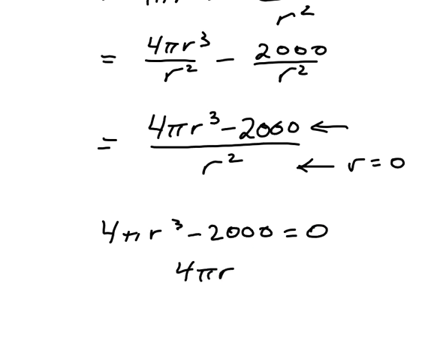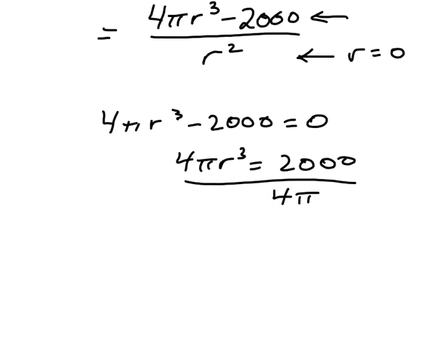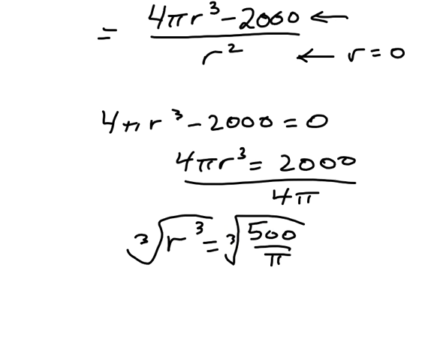4 pi r cubed is 2,000, so r cubed is 2,000 divided by 4 pi, which is 500 over pi. And then the cube root on both sides. So r is equal to the cube root of 500 over pi.